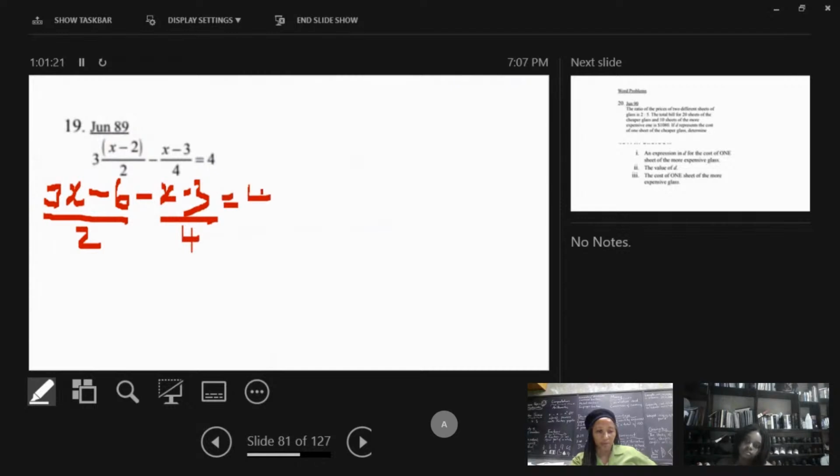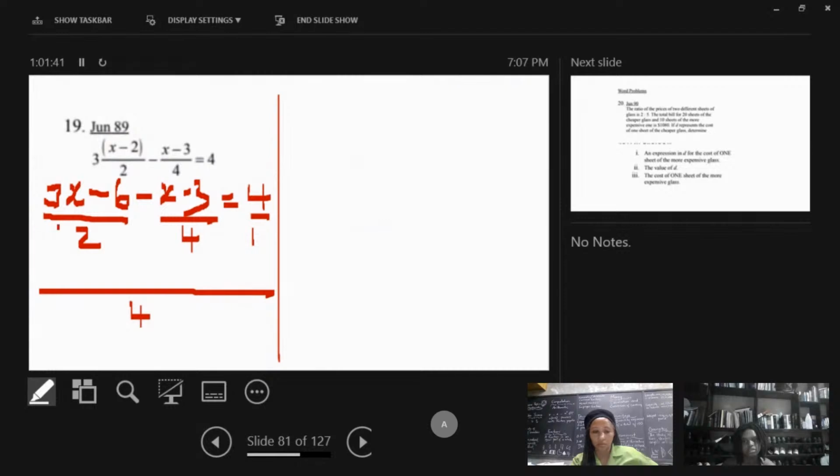And I'm going to put the 4 over 1. So the common denominator for all of this is 4. Now we're going to multiply. 2 into 4 goes 2 times, so it will be 2 times 3x minus 6, minus 4 into itself goes 1 time, so 1 times x minus 3.